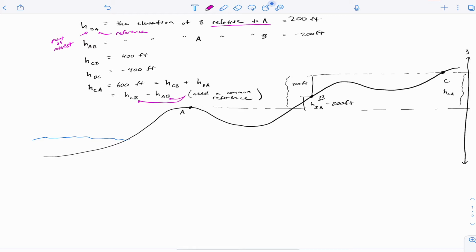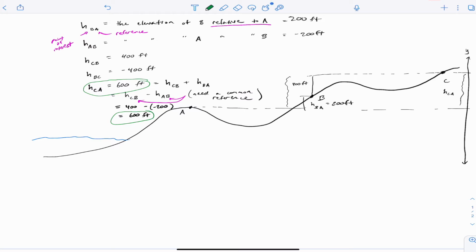If you're going to think about it as a subtraction of heights like this, and using what we know, HCB is 400 and HAB is negative 200 feet, and so that's 600 feet. And so that agrees nicely with our previous result, which we did intuitively.